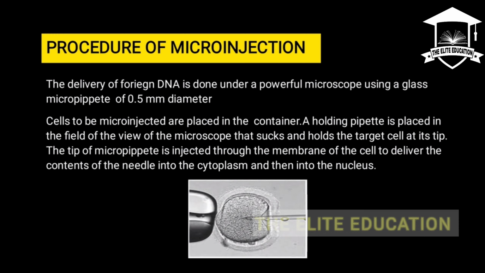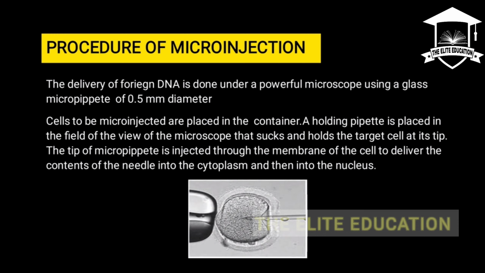For better understanding, you can find this in various research institutes, but a commonly used place for this technique is IVF centers, that is, in vitro fertilization centers. In these centers, they hire a surgeon or a person who is medically qualified. He collects the ova of the females and the sperm of the partner, and starts working under the microscope.